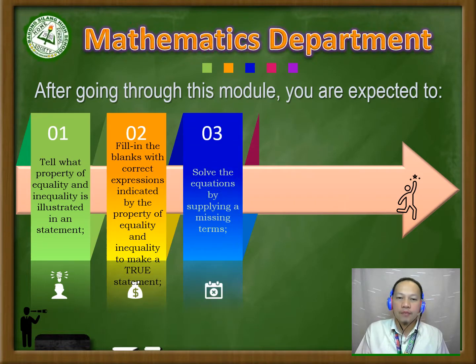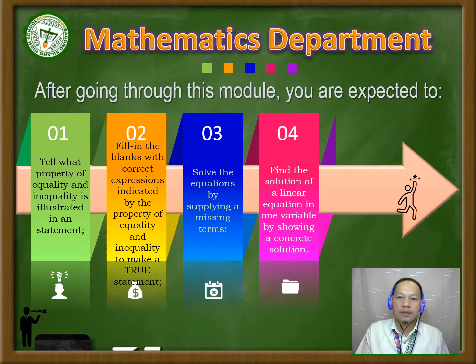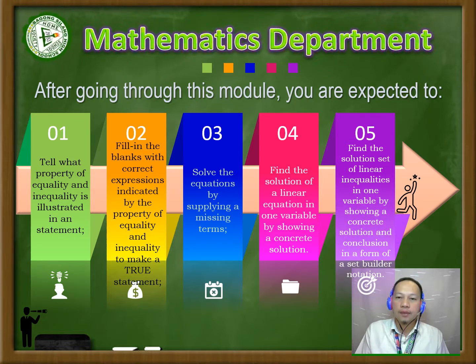Number 3, solve the equations by supplying a missing terms. Number 4, find the solution of linear equation in one variable by showing a concrete solution. Number 5, find the solution set of linear inequalities in one variable by showing a concrete solution and conclusion in the form of a set builder notation.